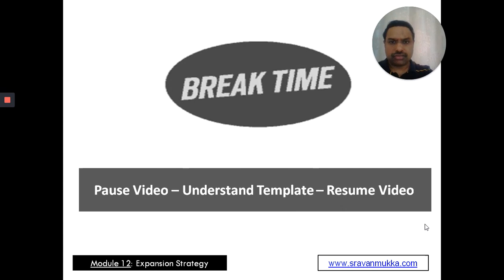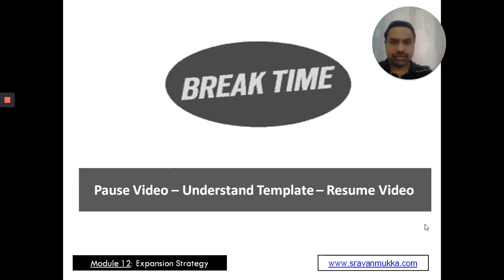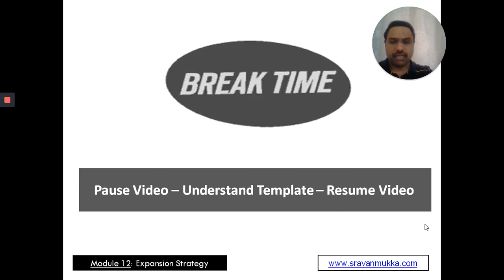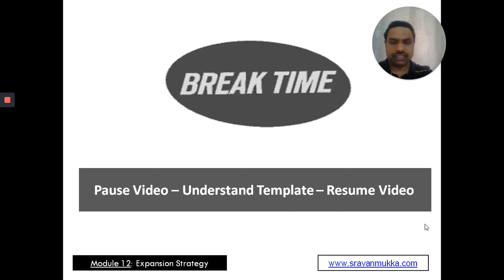Now, please go through the expansion questions checklist and try to analyze each field. If there are no appropriate answers for these questions, there is no point planning for expansion. All you have to do is pause this video for a while, open the sample template, understand and get clarity. You can resume the video once you finish the task.